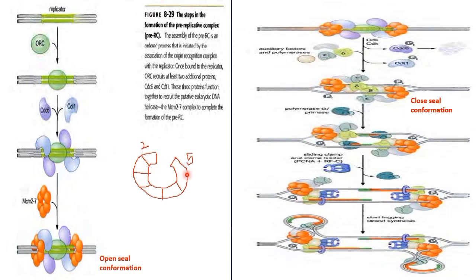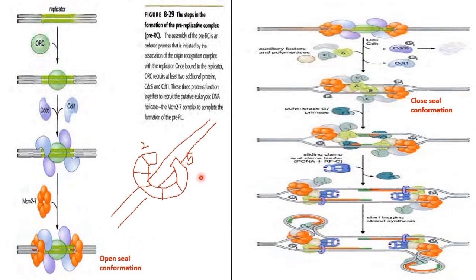And the double stranded DNA is enclosed like this. This is how the open seal conformation MCM helicase encloses the double stranded DNA. But this conformation is unstable, thus it cannot unwind the double stranded DNA.